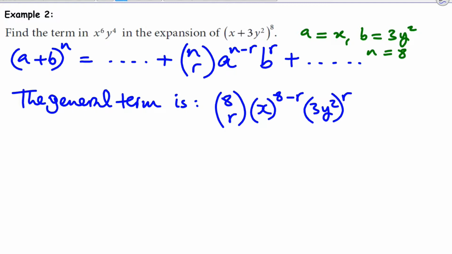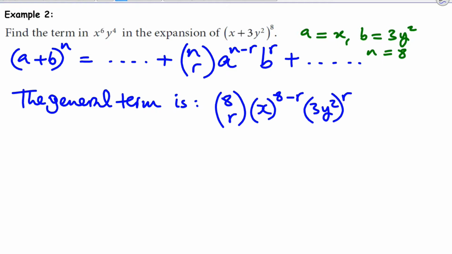So we need to try and find what r is. And from the question, the required power of y is 4. So by inspection, r should be equal to 2.